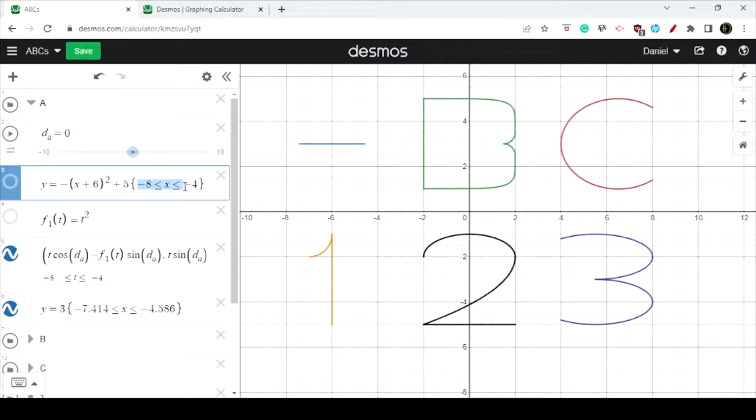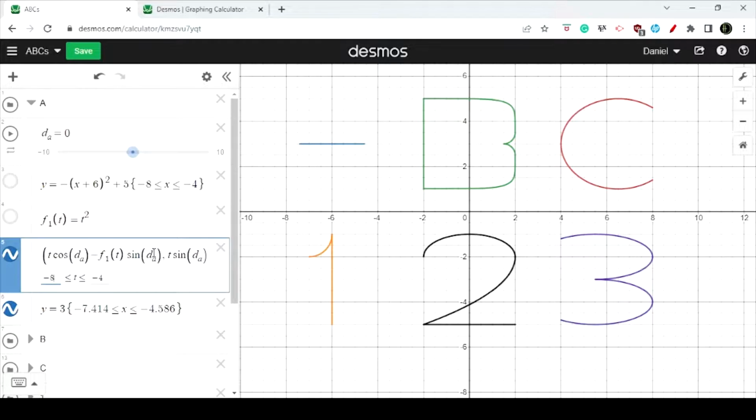This spans 4 units in length, and so this parabola is now going to be placed here, right at the origin. So we want this to be 4 units in length, 2 units to the left and 2 units to the right, and that's going to center it right here.